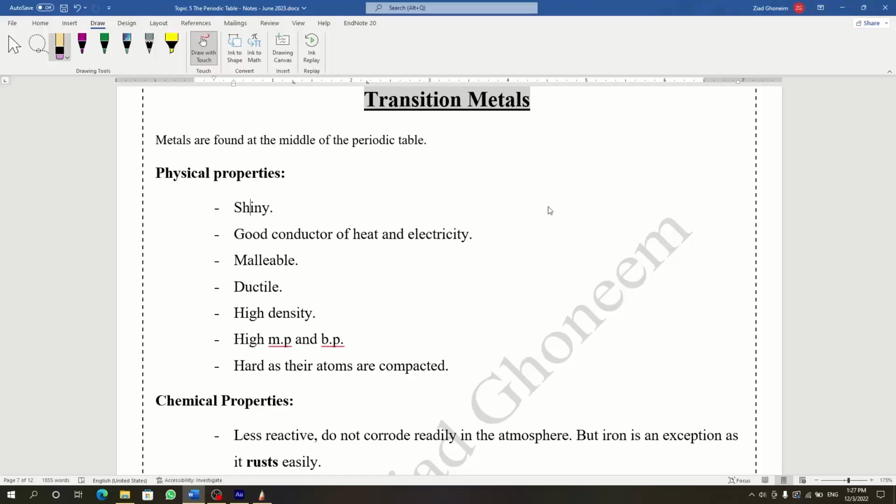First of all, alkali metals are soft, and their softness increases as we go down the group. They have low density compared to the transition metals, and they have low melting and boiling points. So these are very important three differences in the physical properties between transition metals and alkali metals.